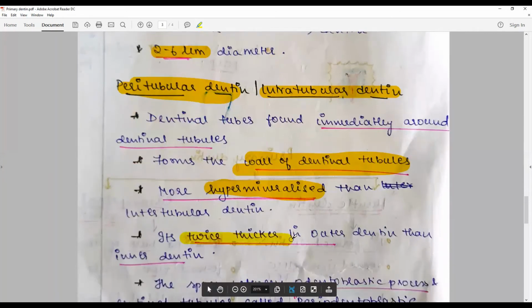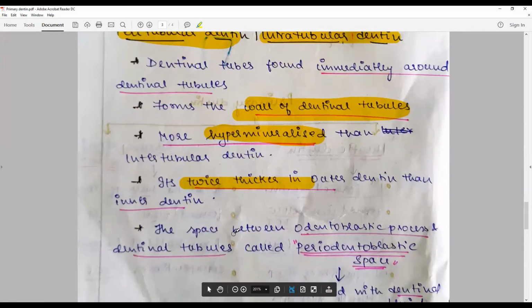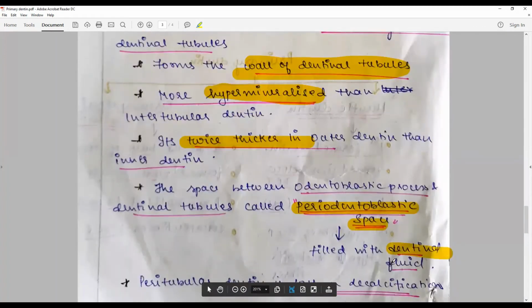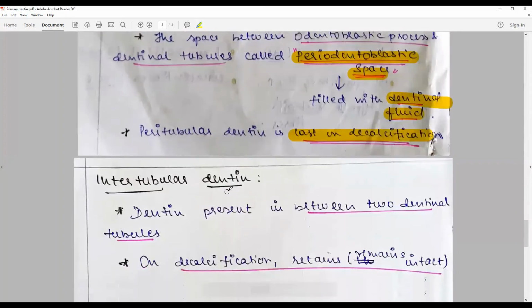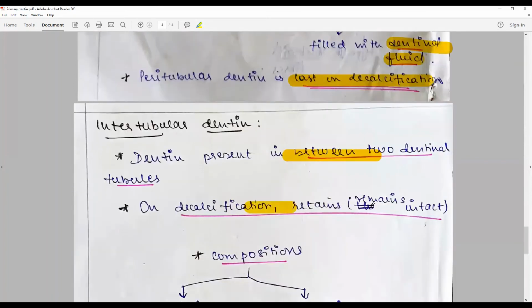It is twice as thick in outer dentin as in the inner dentin. The space between the odontoblastic process and dentinal tubule is called the periodontoblastic space and is filled with dentinal fluid or dentinal lymph. The peritubular dentin is the last to be decalcified. Intertubular dentin, the space between two dentinal tubules, remains intact on decalcification.